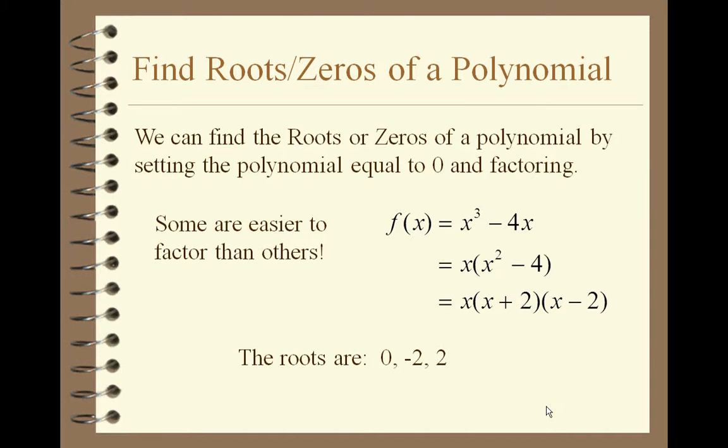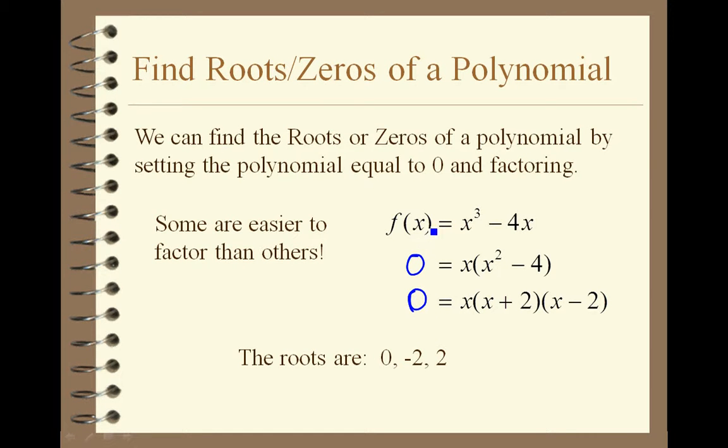We can find the roots or zeros, and roots and zeros refer to the same concept, of a polynomial by setting the polynomial equal to 0 and factoring. F of x is the same thing as y, so all we really need to do is set f of x to 0.